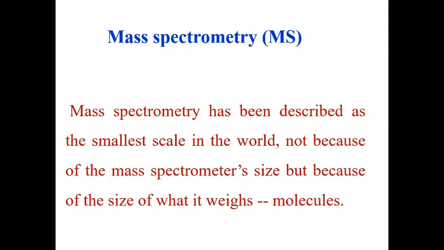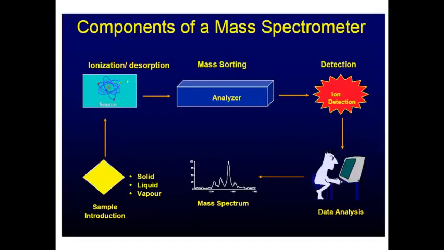With mass spectrometry, we can determine the molecular or atomic mass of a chemical substance up to 10 to the power minus 23 gram, which means we can measure attomole or femtomole amounts of a chemical substance in a given sample.